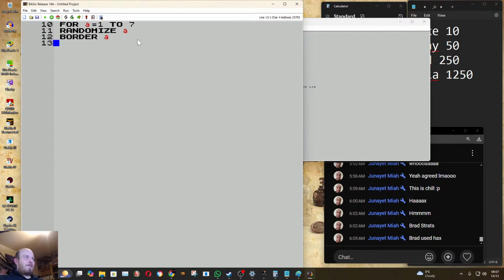13 paper A. And then 14 ink A. 15 print. We got the sniper. 16 go to 10.